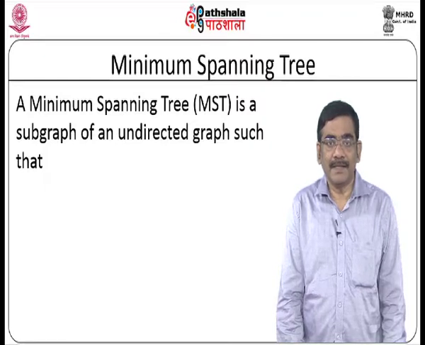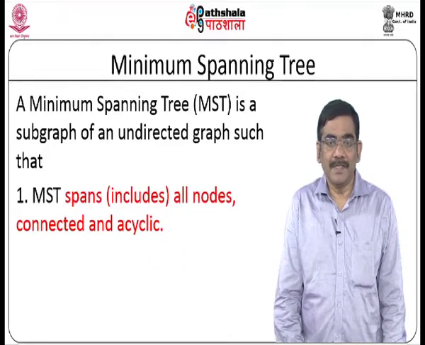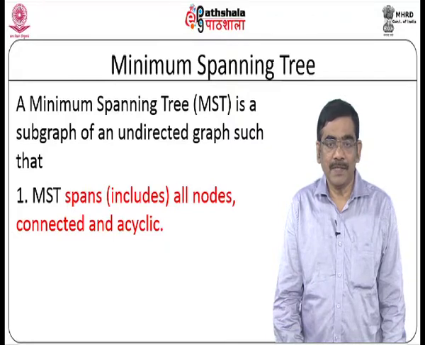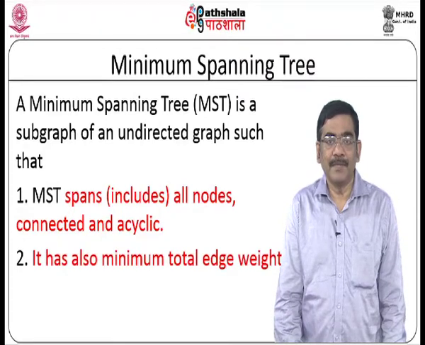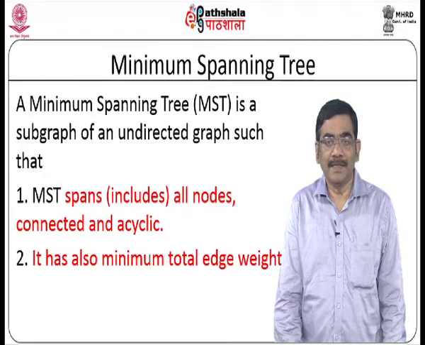Now you can say that a minimum spanning tree, MST, is a subgraph of an undirected graph, such that the MST includes all the nodes. People refer to this as spans all the nodes, connected, acyclic. That means there should not be any cycles, and it should also have the minimal total edge weight. So, in other words, these are the prerequirements for the minimum spanning tree.